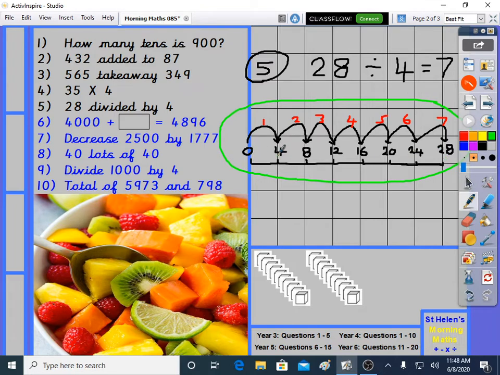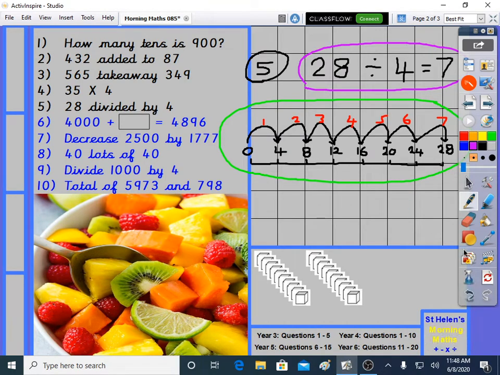You don't say 0, but you say 4, 8, 12, 16, 20, 24 and 28, and your fingers are counting the red bits. And when you finish counting, your fingers tell you the answer, which is 7. So there's basically 2 ways of doing division. One, just singing, and 2 is basically a picture of the singing, using a number line to do division. There's more ways, which I'll show you in future days.